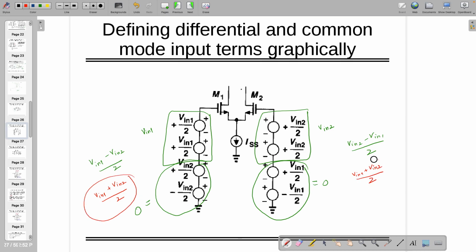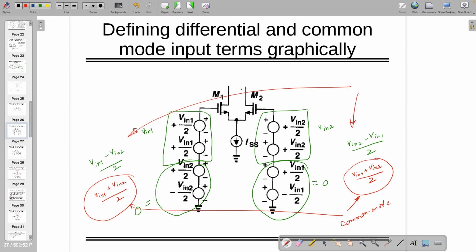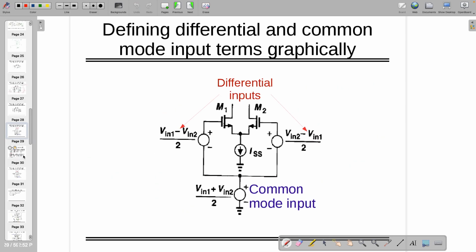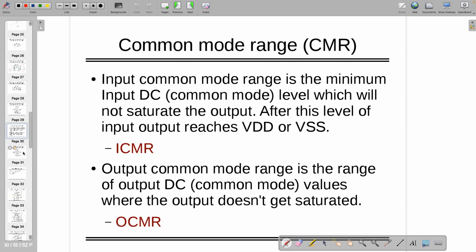Red color quantities are common to both. These two are going to act as common mode, and both differential, which are 180 degree phase shifted to each other, they are acting as differential quantities. So you can draw it in a simple way like this. Okay, so this is common mode, this is differential, right?